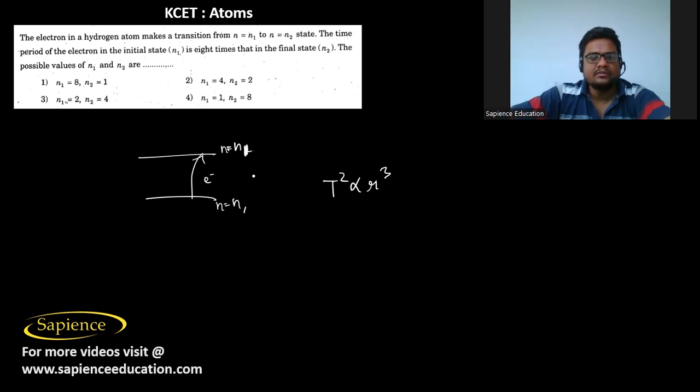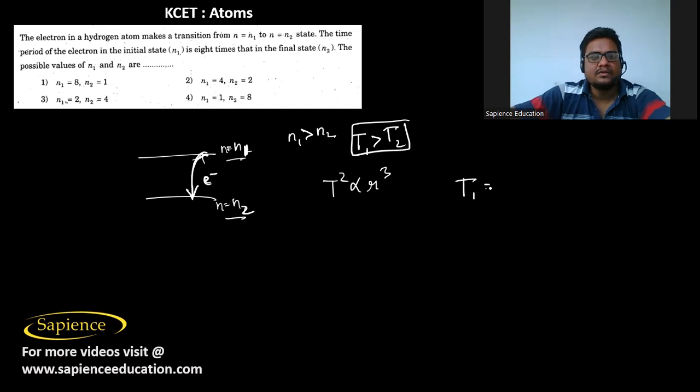So the electron has made a transition from n1 to n2, from a higher orbit to a lower orbit. N1 should obviously be more than n2, since the time period in the first orbit is higher than the time period of the second orbit. Since here it is told the time period of the first orbit, the initial state, is 8 times that in the final state, T1 is equal to 8 times T2.